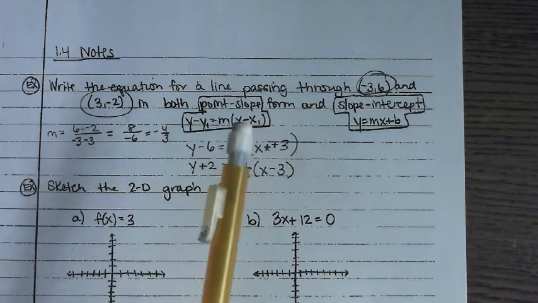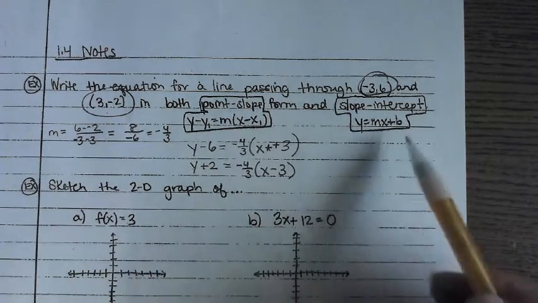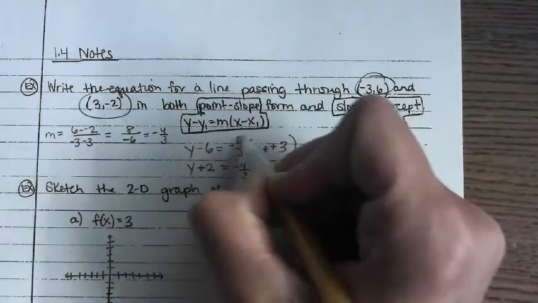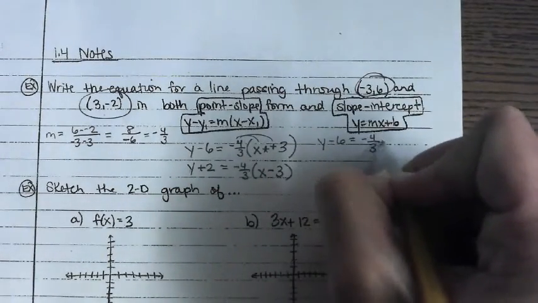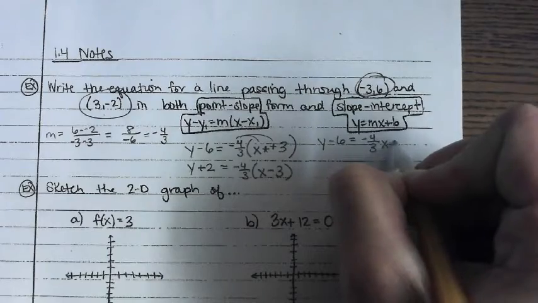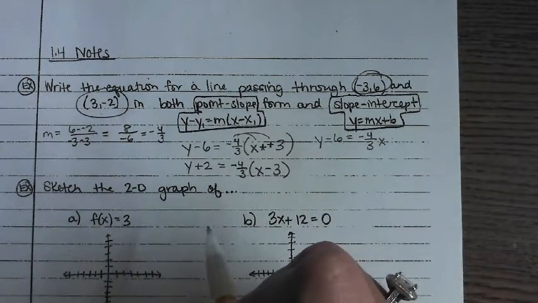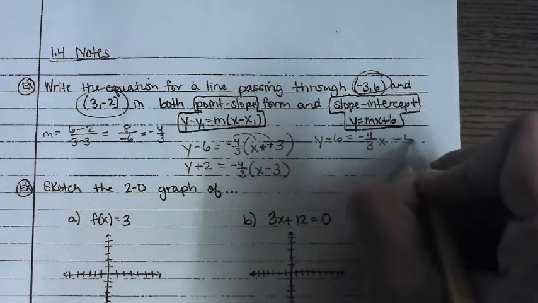When you are then asked for slope-intercept form, now you just have to distribute and get the y all by itself in either. They'll both end up looking exactly the same once we get them into that format. So if I take this first one and I make it y minus 6 and distribute, negative 4/3 times 3 is how many thirds? Negative 12/3, which is negative 4.